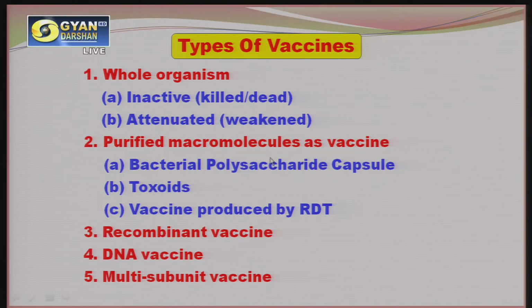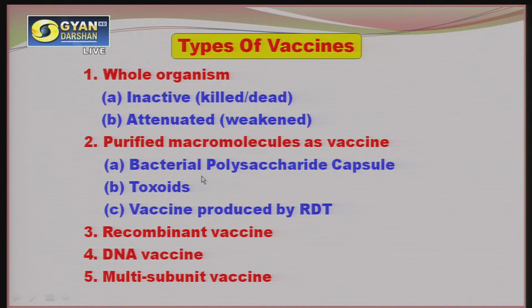Various polysaccharide capsules like lipopolysaccharides and teichoic acid are there. We can purify them and utilize them as a vaccine. They are able to enhance the immune response inside the body, and ultimately they can fight against the pathogens.